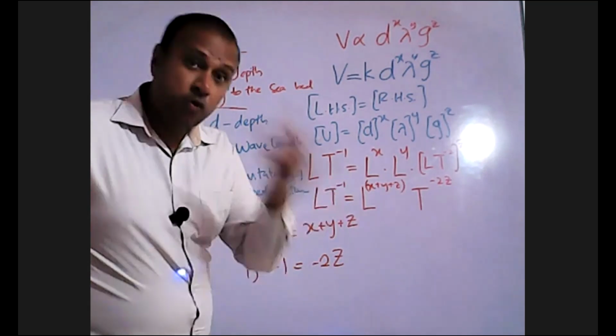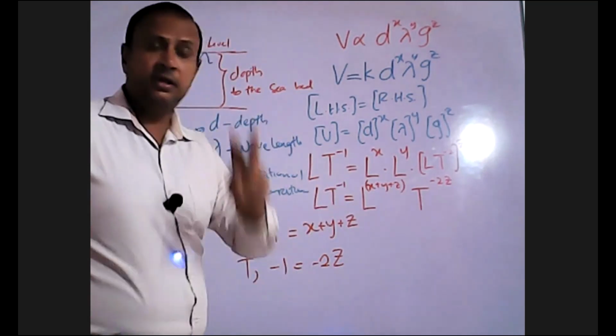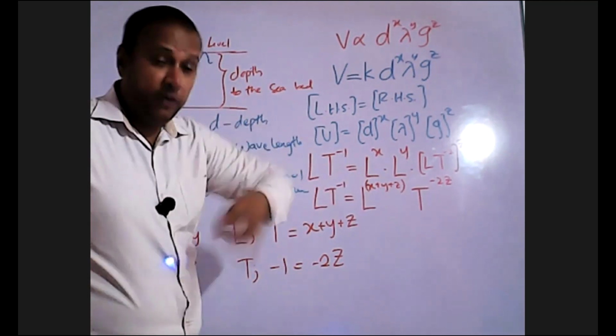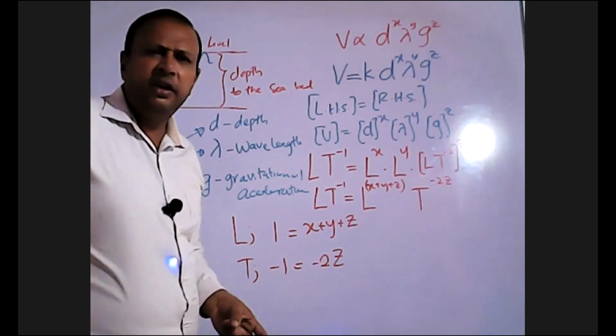If you assume two unknown factors, at least you should have two simultaneous equations. Two different equations.